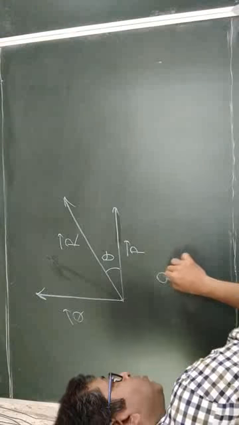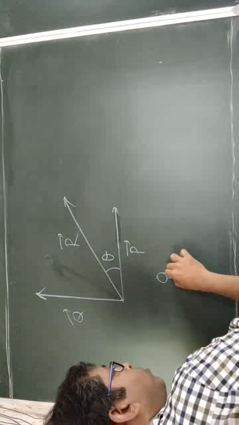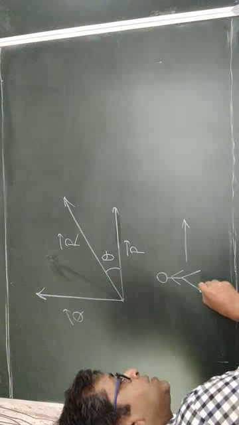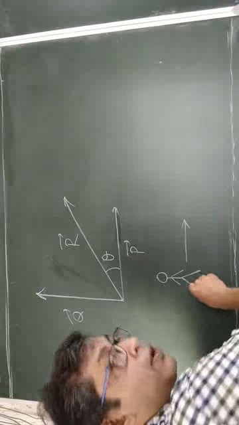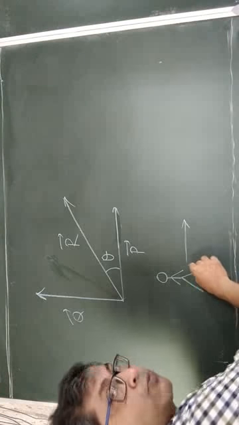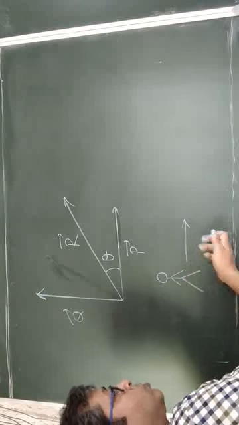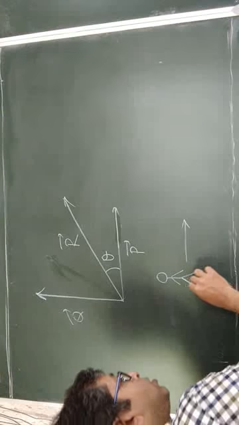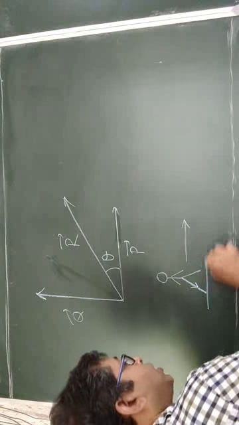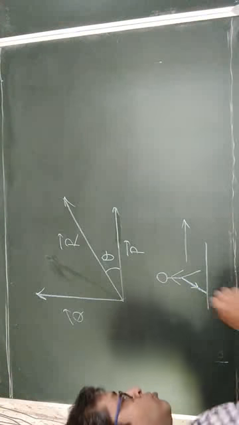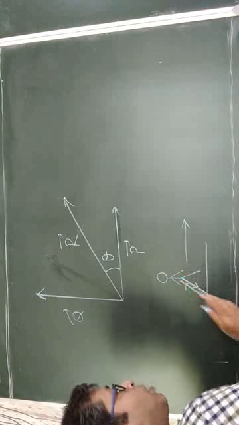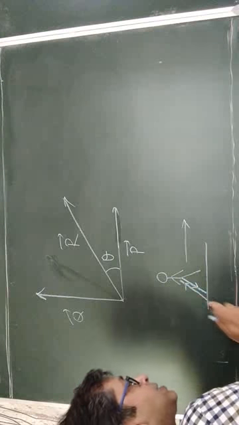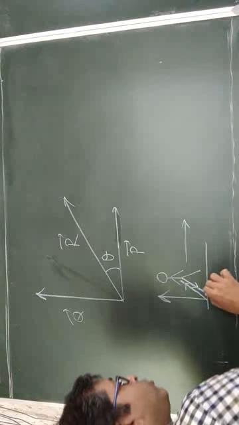Suppose when a person walks this way, then it is his rear foot and it is his front foot. So naturally he applies the force this way by his rear foot on the ground. Immediately the ground applies a reaction force on the body exactly like this, and immediately this reaction force breaks itself into two components.